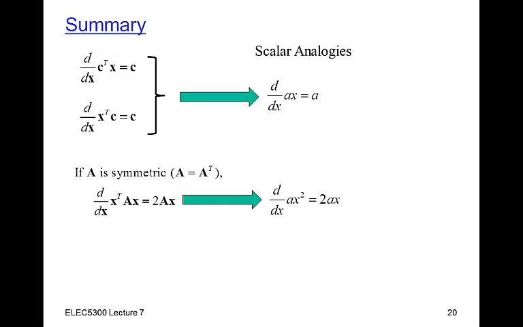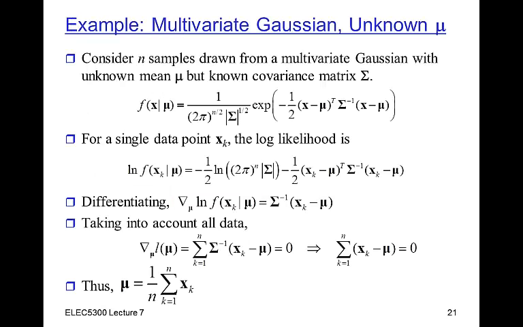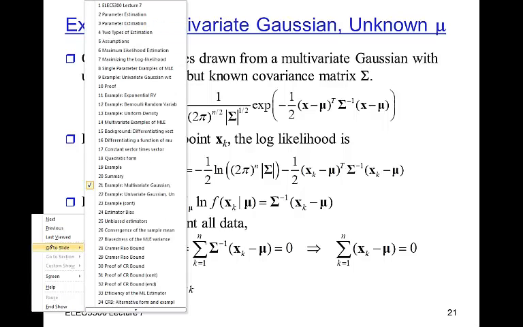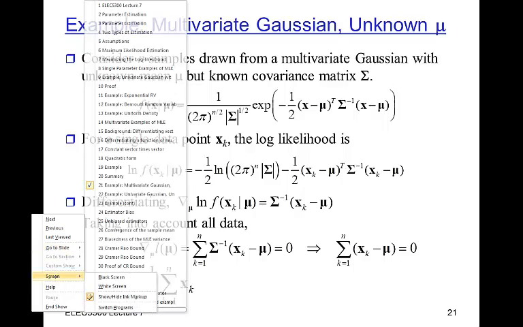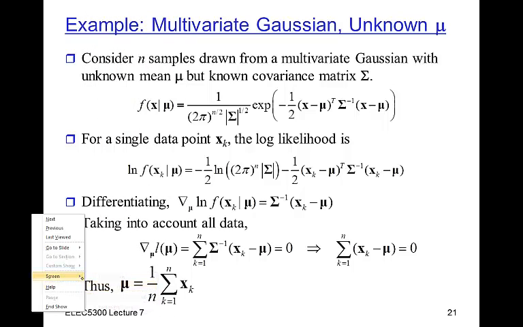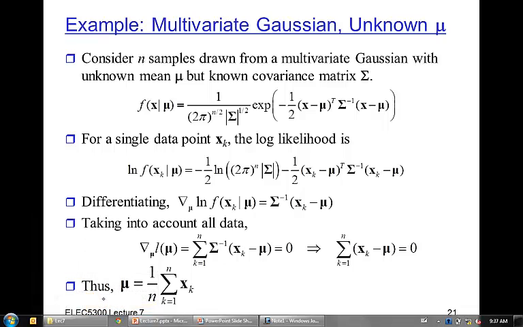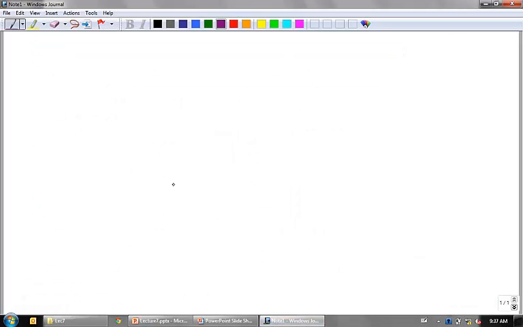And so now with that, we're ready to take a look at the example that we touched on at the end of the last part, which is the multivariate Gaussian. So we have n samples drawn from a multivariate Gaussian with unknown mean but a known covariance matrix. In this case, what we're talking about is we have a set of data points in the 2D plane. Let me just draw this out for you so we can visualize what this is.